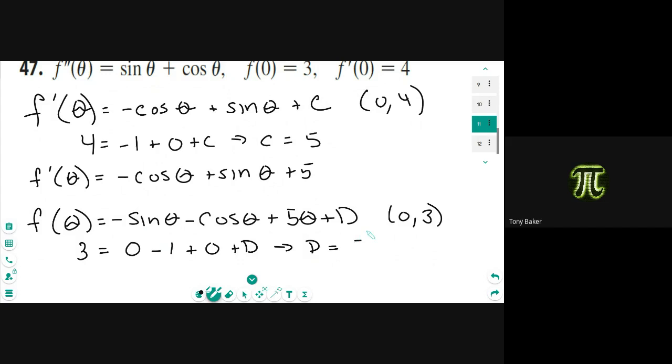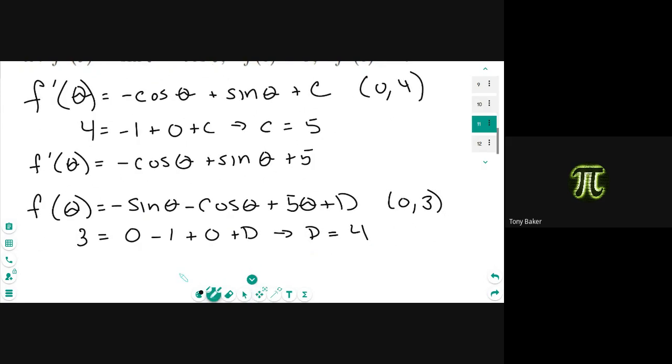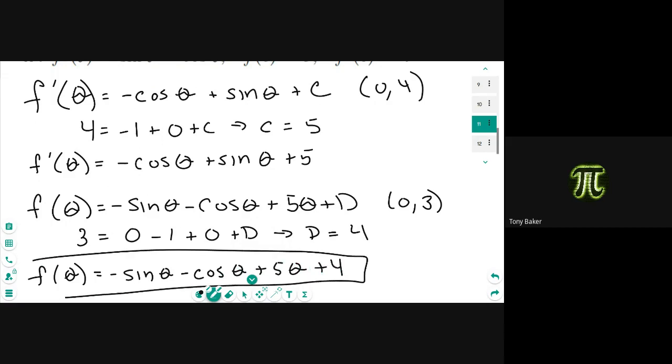So d equals 4. So there's my original function.